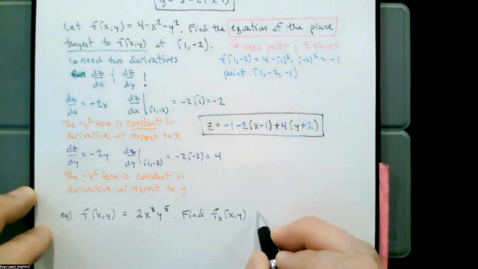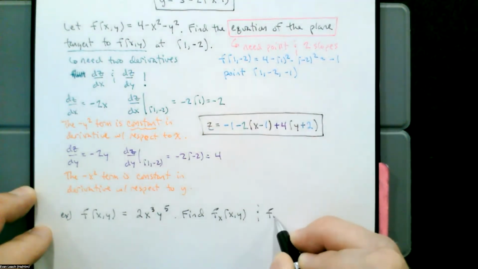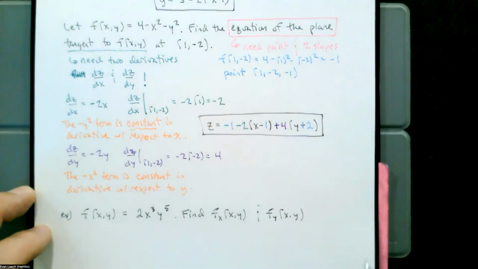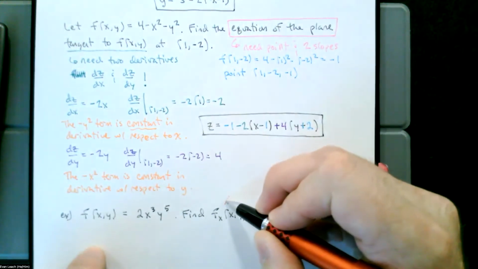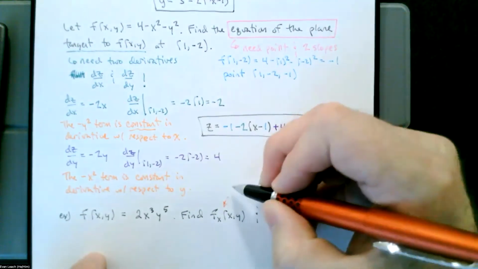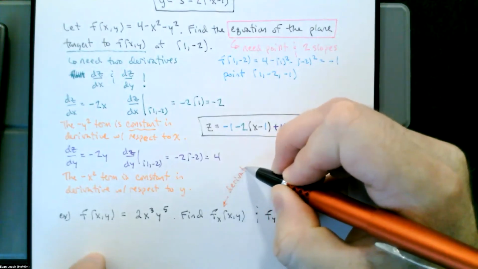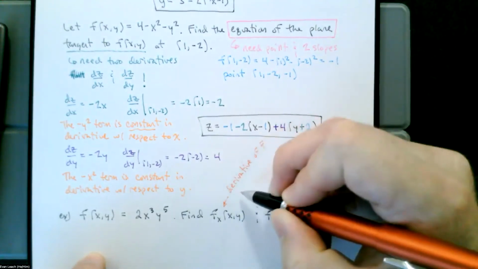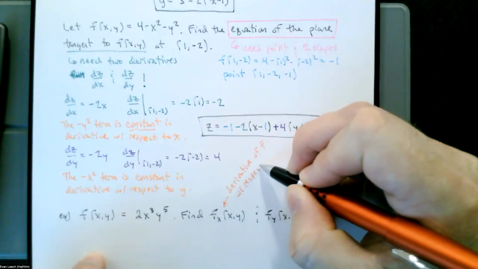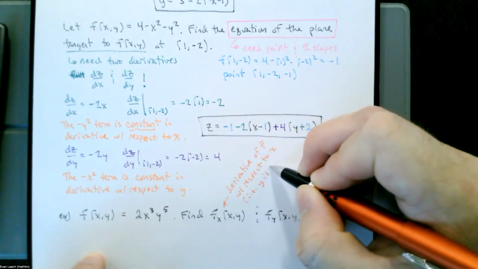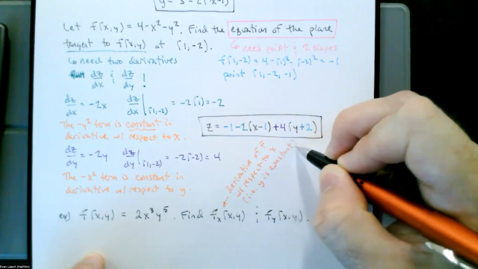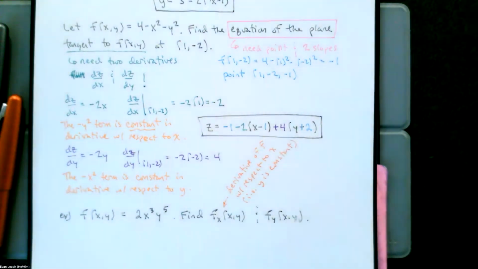And the other one. So fx at x, y. We use a subscript instead of a prime because we have to say what variable is being respected.